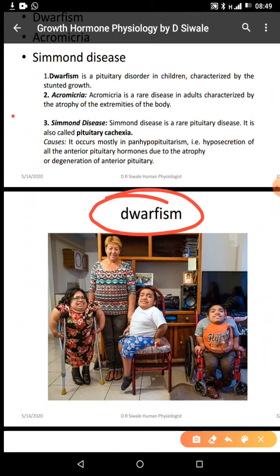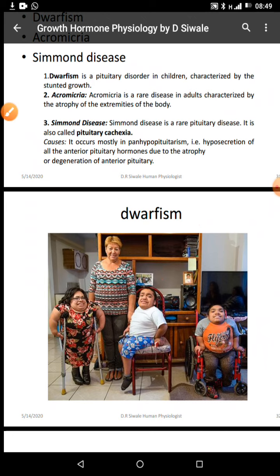There's also primary deficiency of growth hormone secretion from the anterior pituitary. There can also be failure to generate somatomedins in the liver and deficiency of growth hormone or somatomedin receptors in target tissues. Growth hormone deficiency in children is treated with human growth hormone replacement.